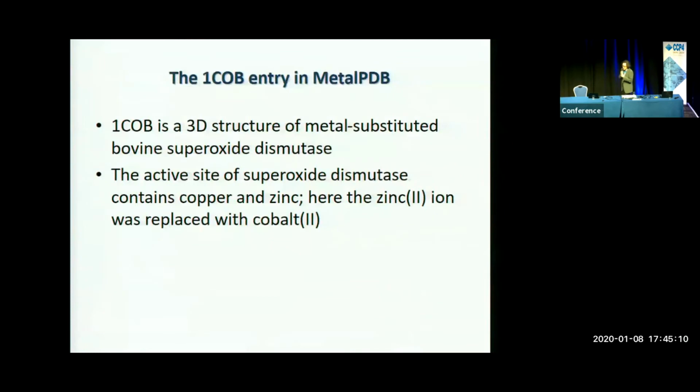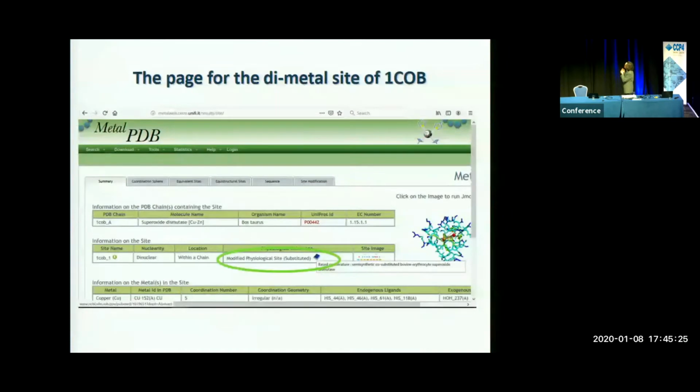This is another example. It's bovine superoxide dismutase, which is an enzyme that depends on copper and zinc in its active site. But this specific structure actually contains cobalt, and this is quite commonly seen in the place of copper.